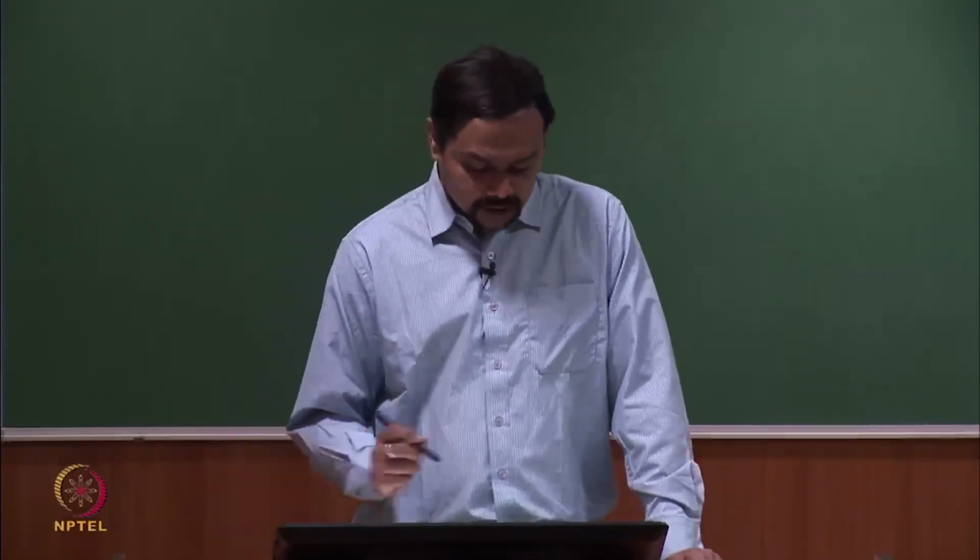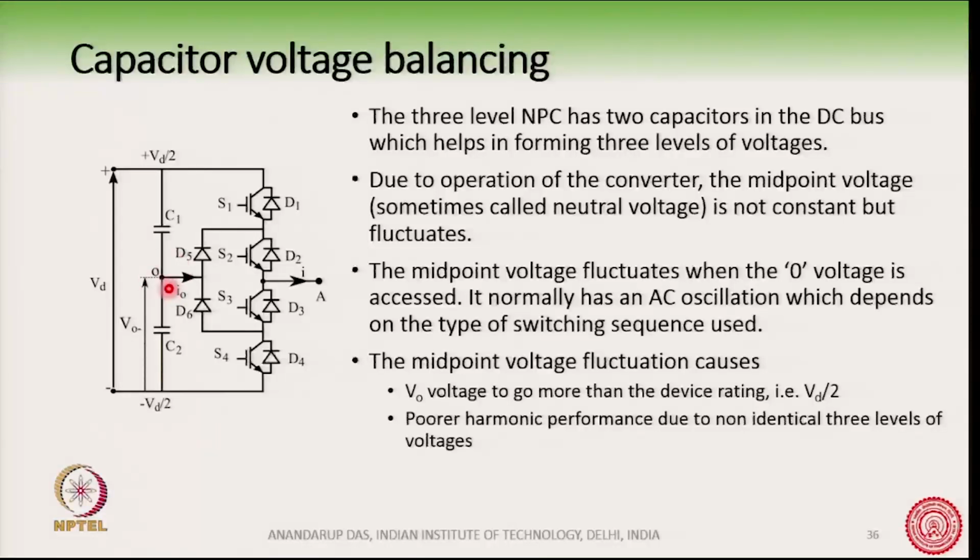You can readily understand from here that whenever we access the 0 voltage from the converter, that means whenever we are impressing the 0 voltage at point A with respect to point O, then we are accessing this midpoint. When the VAO voltage is Vd by 2, we are accessing the positive DC bus.